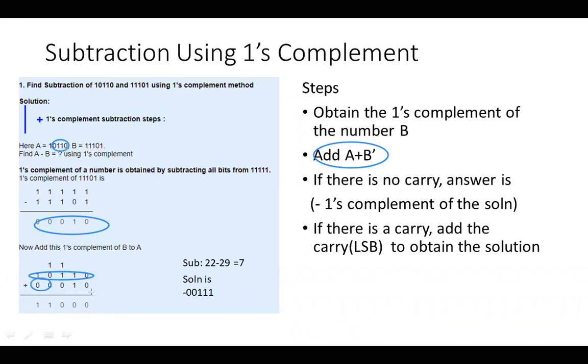Now I have to add both. 0 plus 0 is 0, 1 plus 1 is 0, 1 carry, 1 plus 1 is 0, 1 carry, 1 and 1, 1 plus 0 is 1. So this is our solution. I've got 11100.